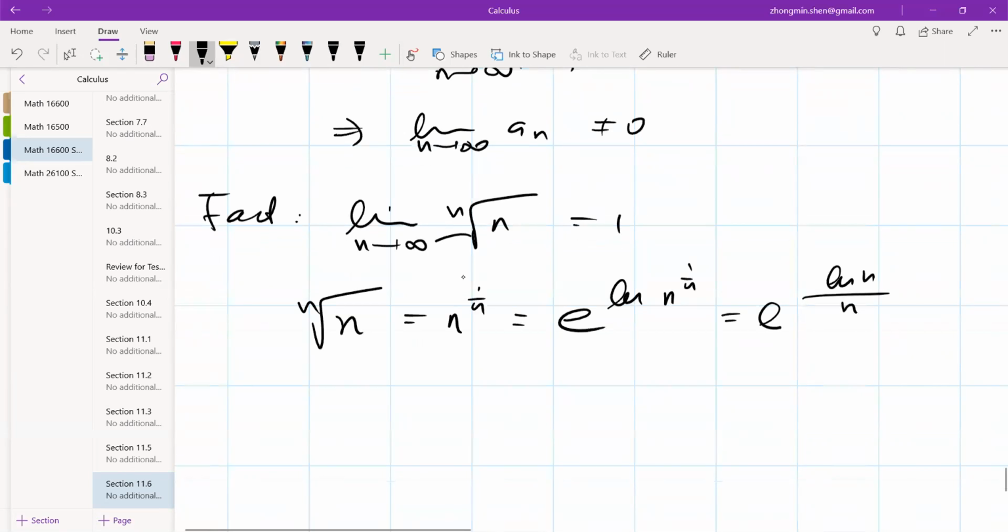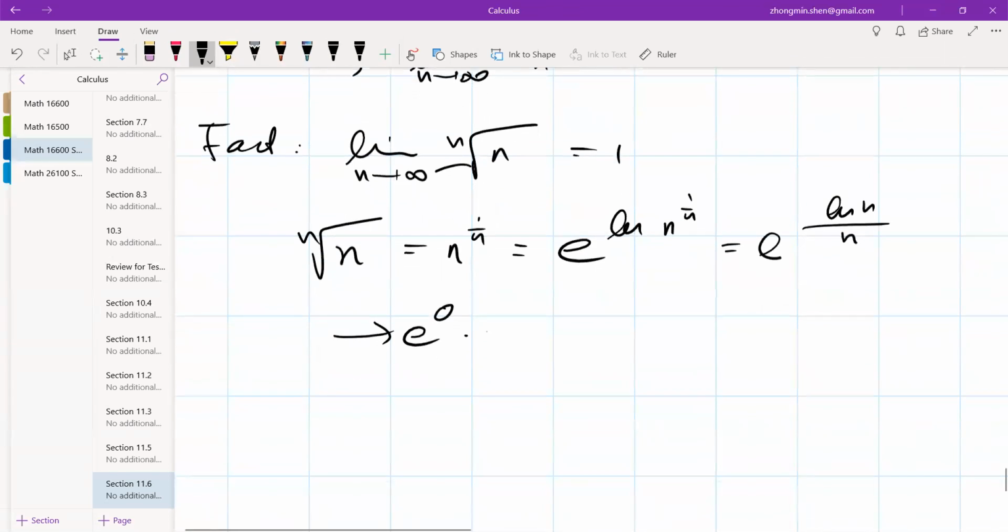So natural log of n over n approaches 0, right? Because natural log grows slower than any polynomial. You can use L'Hopital's rule to prove that. So that's going to be 1 as n approaches infinity. So this is a quick fact we're using.